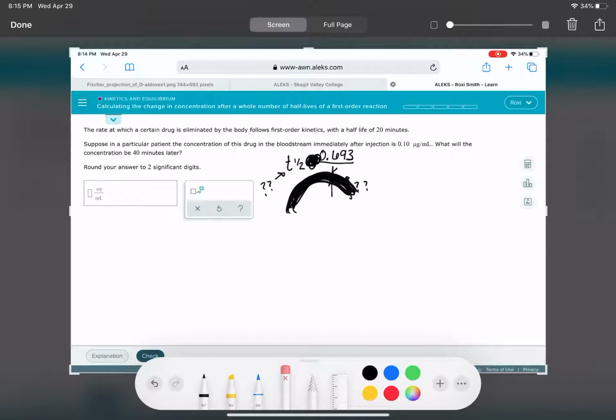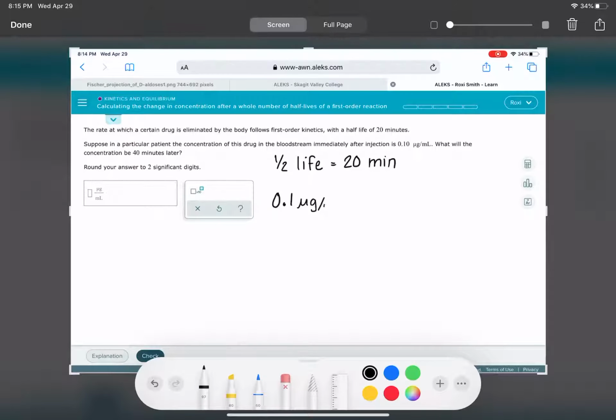So instead, this problem is actually really, really simple. It's telling us that we have a first order reaction with a half-life of 20 minutes. That means every 20 minutes, the concentration is going to decrease by 1/2. It tells us that we have 0.1 microgram per milliliter of some kind of drug.